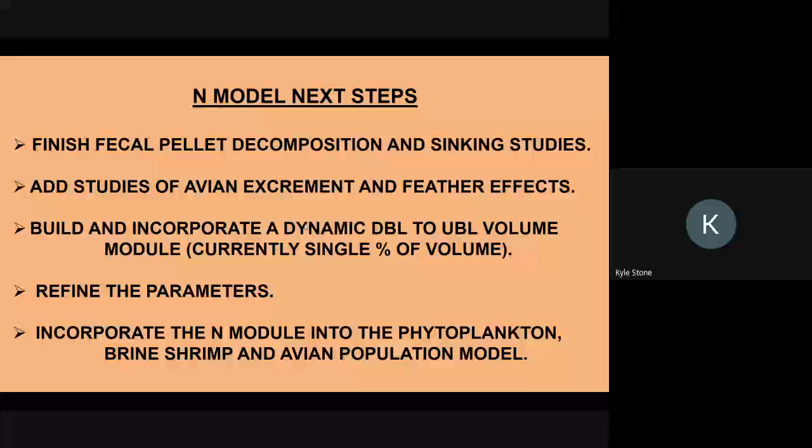So making this linkage so that the model feeds in nitrogen, and then the next year the nitrogen that you calculated from the previous year is used to get the phytoplankton and the shrimp to grow, which then gives you a new nitrogen value, which determines the next year's shrimp and phytoplankton growth. It's not easy to do at this stage. This is going to be a real time-consuming effort to get that to work. And that's what I have to say.